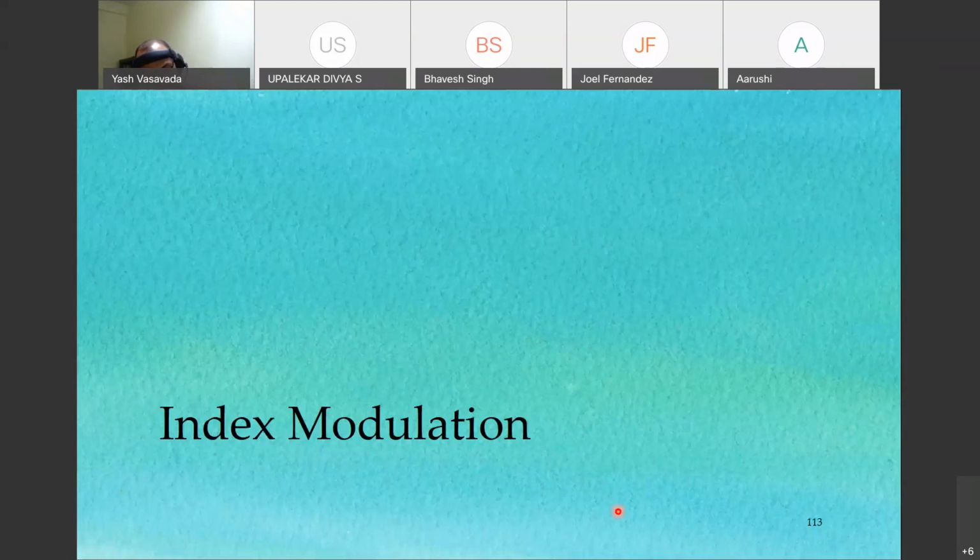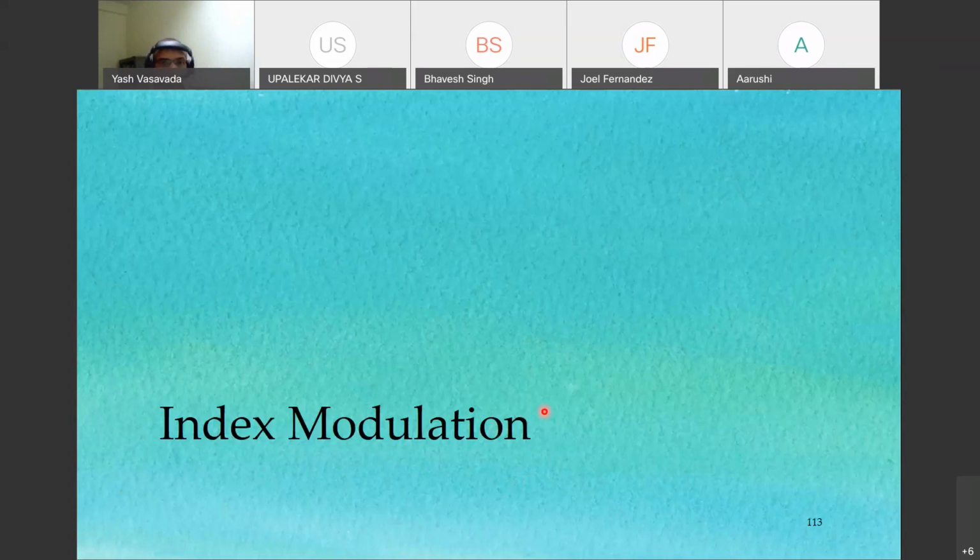So what if, in the most basic version of this idea, this index modulation idea, what this researcher said is that what if I don't transmit QPSK, PSK, BPSK, nothing?